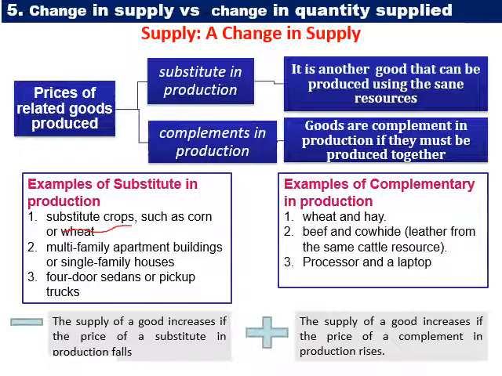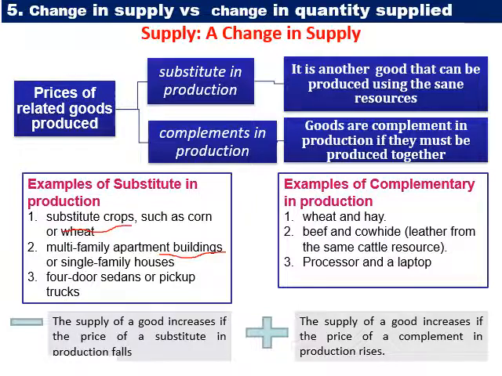Another example is that if we have another plot of land that can be used for building real estate properties, then we can use it to build multifamily flats or single family houses. Also, a car firm can use their resources to produce four-door sedans or pickup trucks.